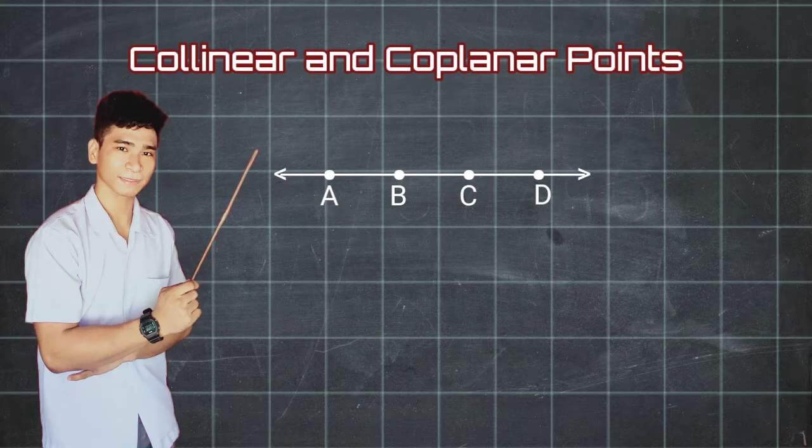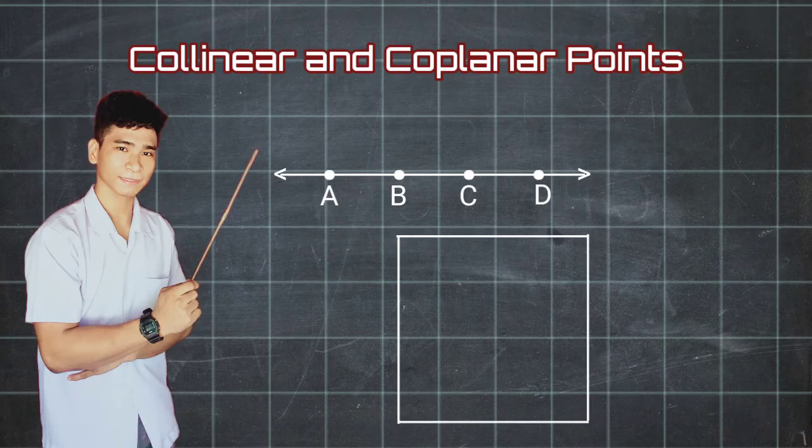How about coplanar points? For the example, I have a square. Inside the square there are 3 points: point A, point C, and point B. These points inside the square, matatawag natin siyang coplanar points.